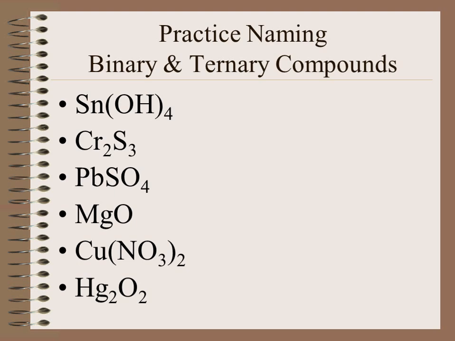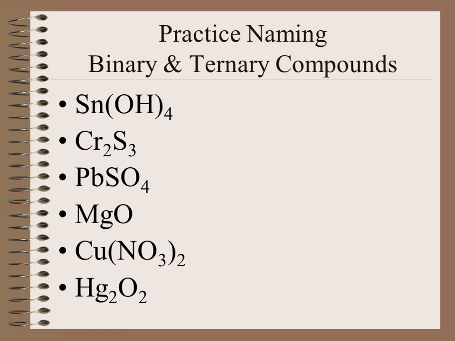When we look at a formula and it contains an element that we know has more than one oxidation number, it's a multivalent cation, such as in the first one here where we have tin. Start off by naming the formula as we've described. Name the cation, name the anion, and the parentheses here help us also to delineate where the cation is and where the anion is.